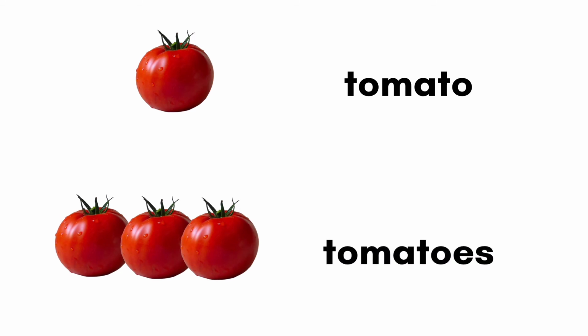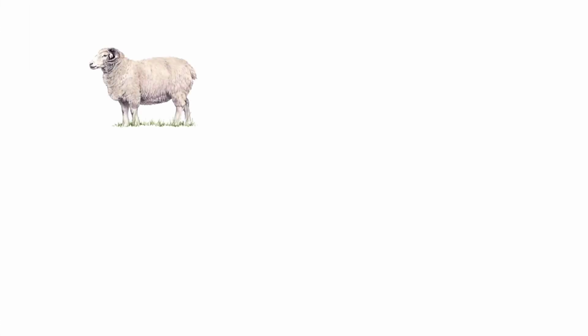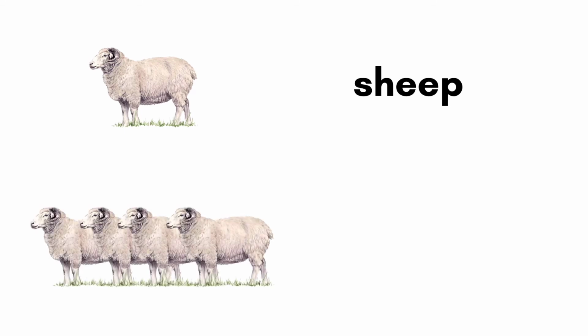The next one. What do we call it if we have more than one tomato? We call it tomatoes. We add ES. That's right. Alright, this one. What do we call it if we have more than one sheep? What is it again? Sheeps? No. What do we call it? Sheep. Also sheep.